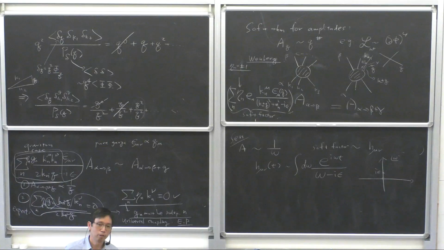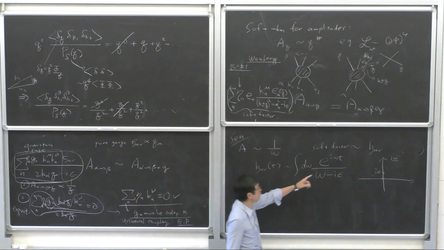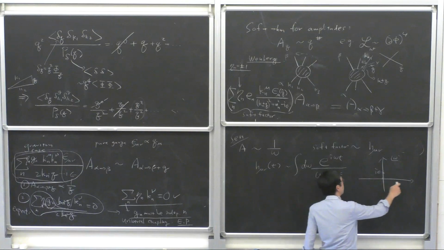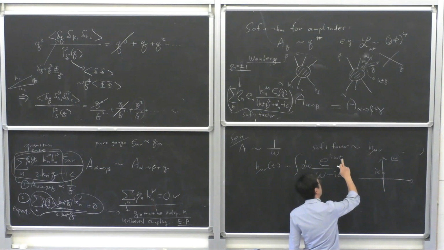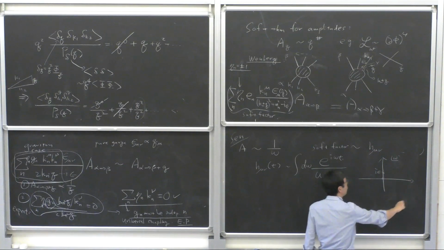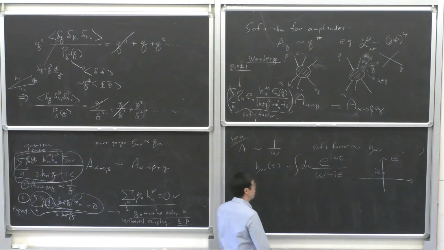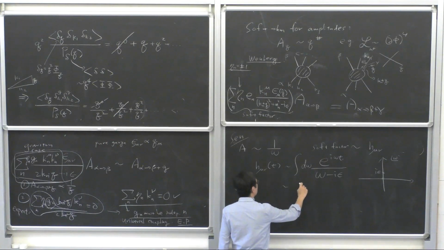What is this as a function of time? Does anyone know? It's a step function. Yes? Because if t is positive, then you have to close the contour up, you get a non-zero answer. If t is negative, you have to close the contour down, you get 0. So this is roughly the step function.